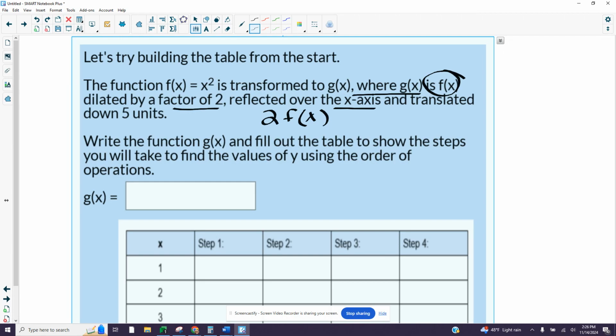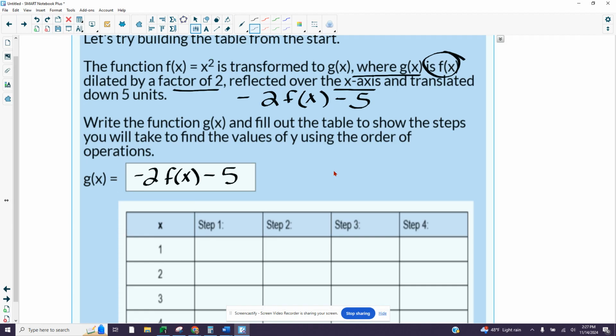So reflection means we are doing the opposite sign out front, so that would be negative 2 f of x. And then it's translated down 5 units. So if I'm going up or down, I'm outside the grouping, so I am subtracting 5. So my g of x is negative 2 f of x minus 5. Okay, so that's what the new g of x is going to be.